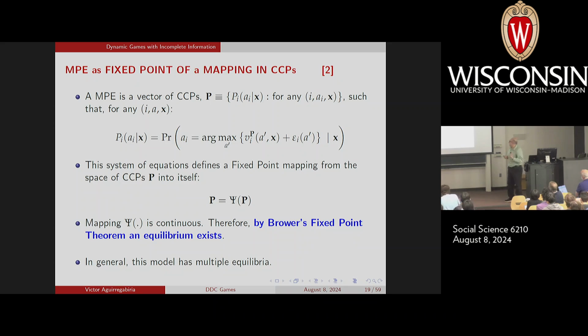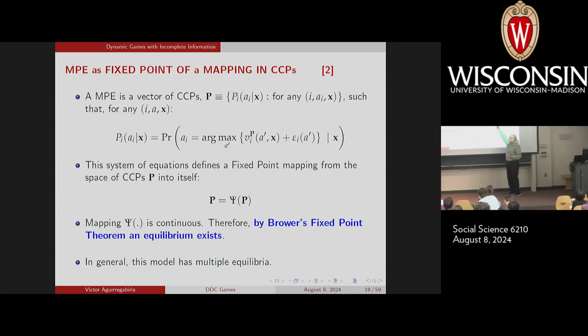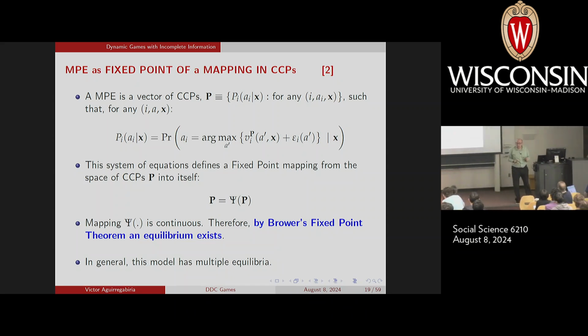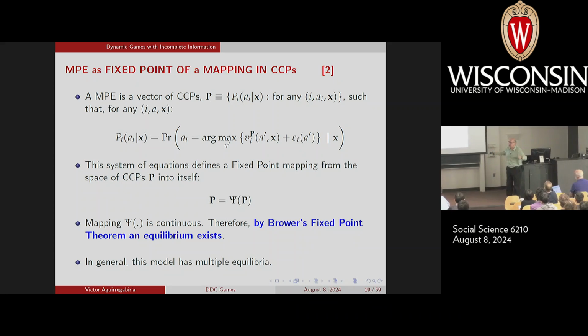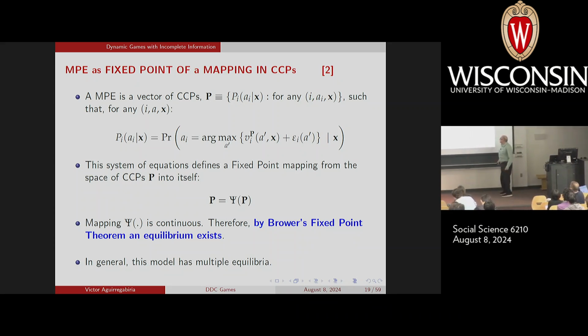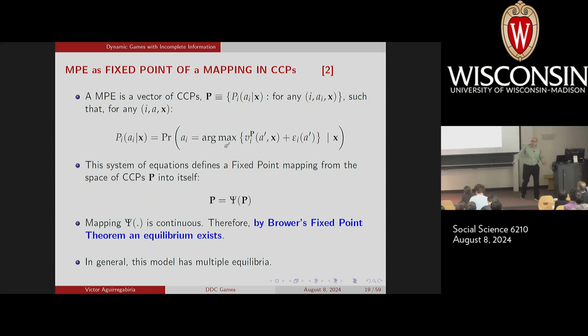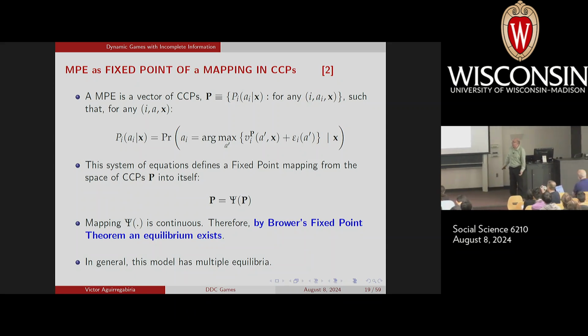Then it's a fixed point mapping. Choice probabilities belong to the simplex. The function phi is continuous in these models as long as the distribution of epsilon has unlimited support and no mass points. And then simply, you can see that by Brouwer's theorem, we have at least one equilibrium. Typically, we have multiple equilibria in this type of model.